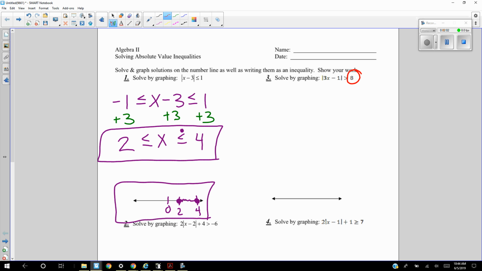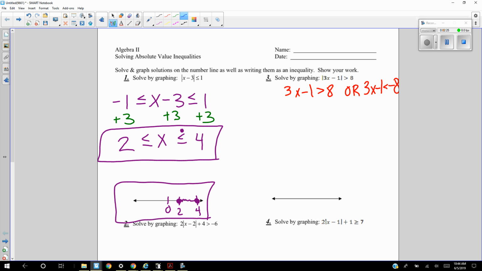And since we don't have a 0 over here, it's not all real numbers. So the setup is going to be 3x minus 1 is greater than 8, or, since it's a greater than problem, less than negative 8.